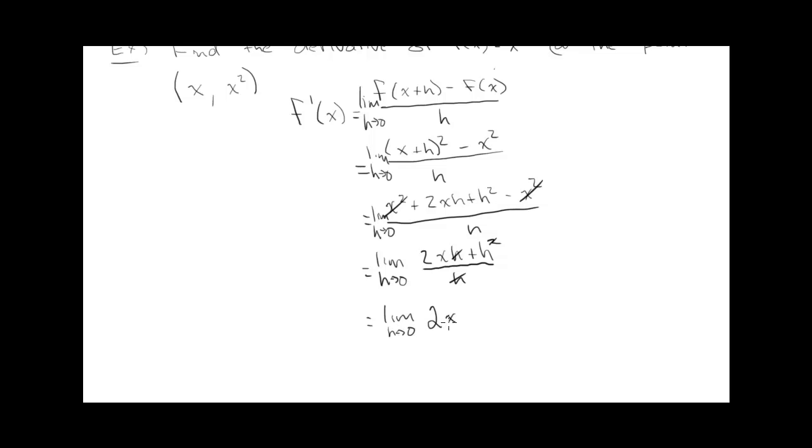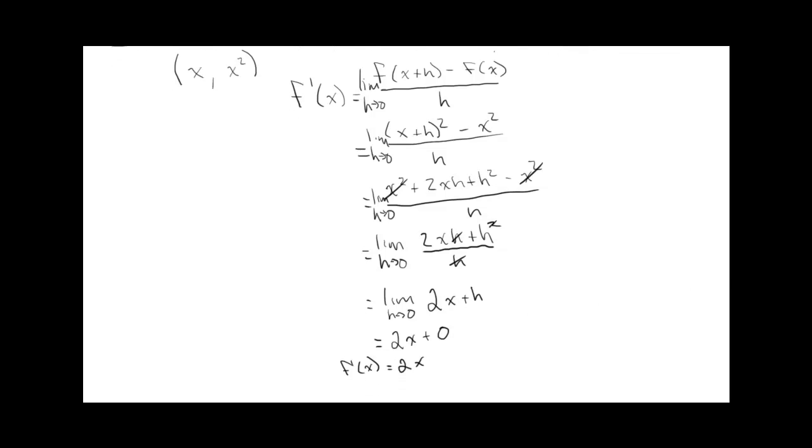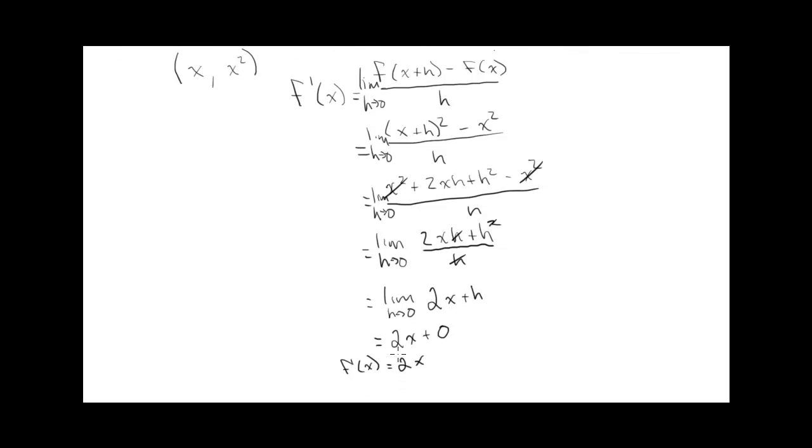So I get 2x plus h, and now I can let h go to 0. So this is where I don't have to write the limit anymore, because I'm going to let h go to 0. So I'll have 2x plus 0 equals 2x. So I could say f prime at x equals 2x. So this is the slope of the tangent at an arbitrary point.